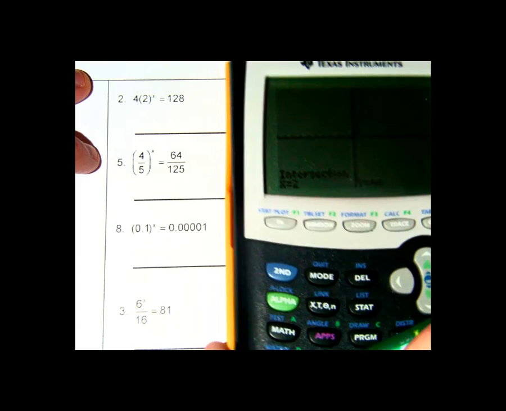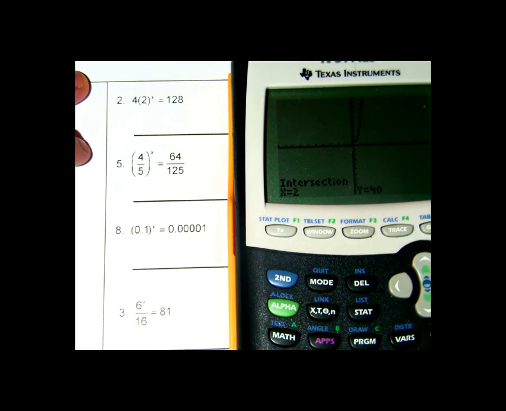Same process. 4 parentheses 2 to the x power, 128. Second, trace, 5.